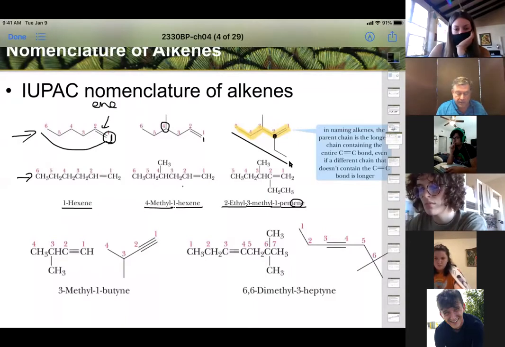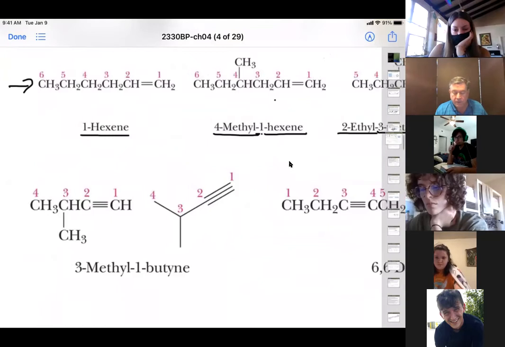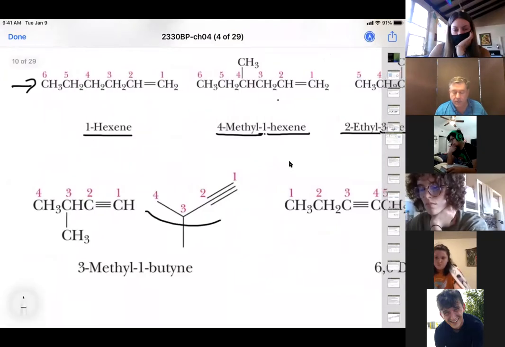Okay. So in this case here, we use that same rule. You put the triple bond in the longest parent chain, both carbons of the triple bond, and then you find the longest chain from that, and that becomes your parent. So here we have 4 carbons right here. So that tells us butyne. So it was going to be butane if it was a hydrocarbon.